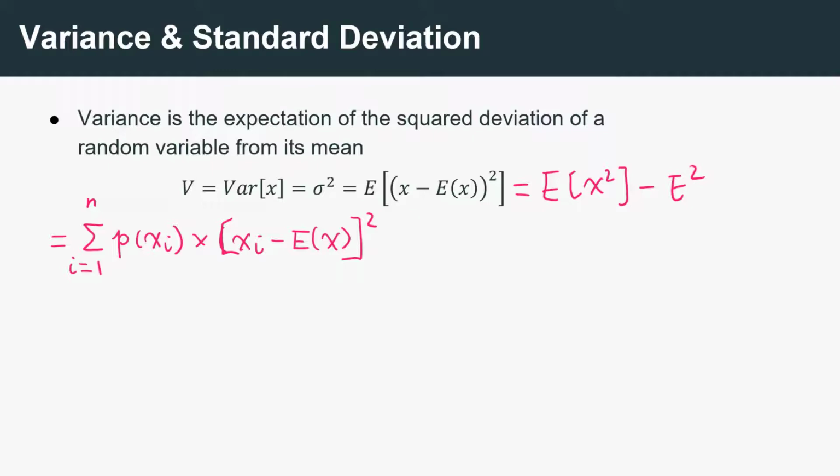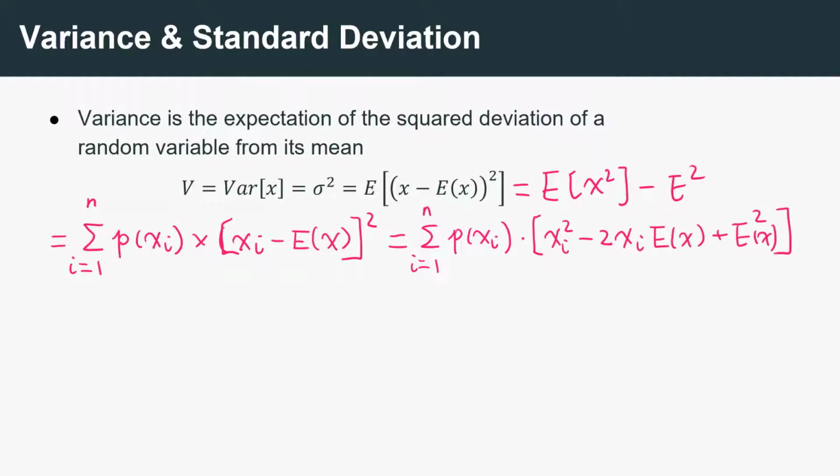We can further expand this square here. So we can have it equal to the summation from i to n of p(xi) times, in the square, xi squared minus 2 xi times E[x], plus E[x] squared, and we can do the summation over the three terms.